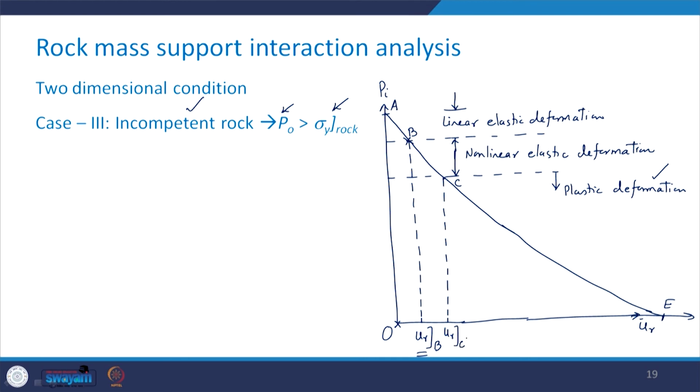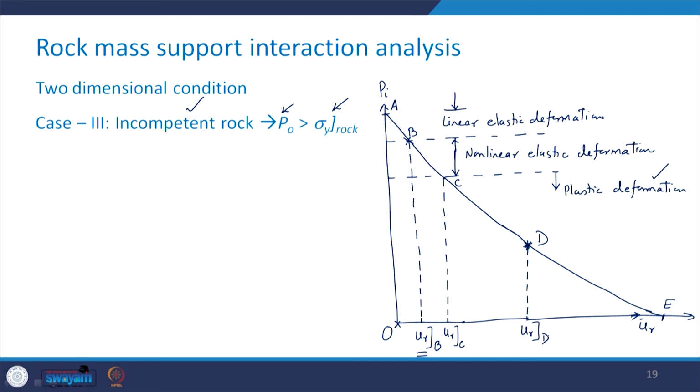then take some point somewhere here in between, which is say the point D, and the deformation is say URD.